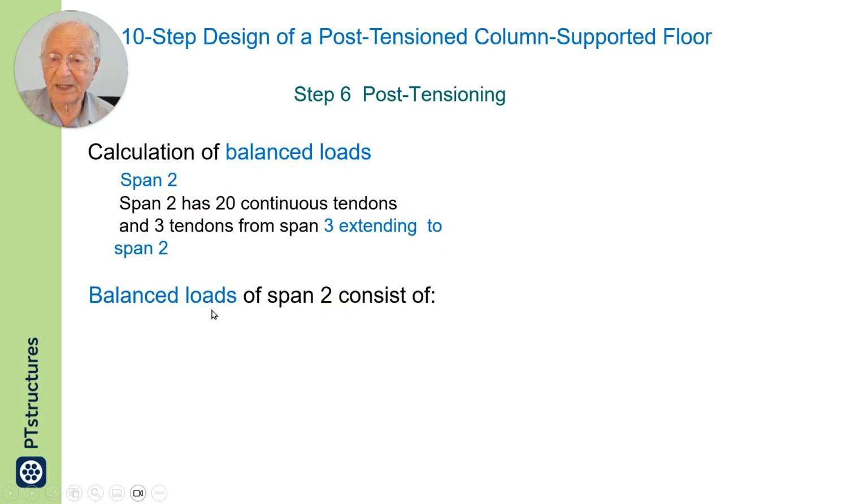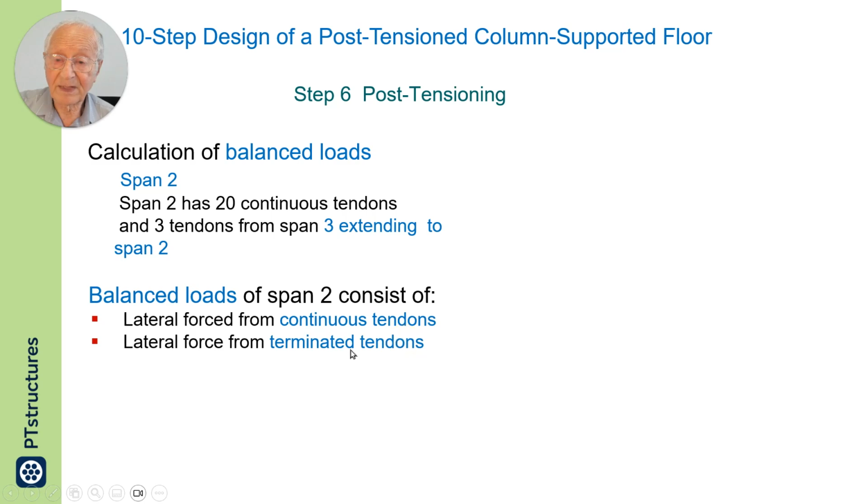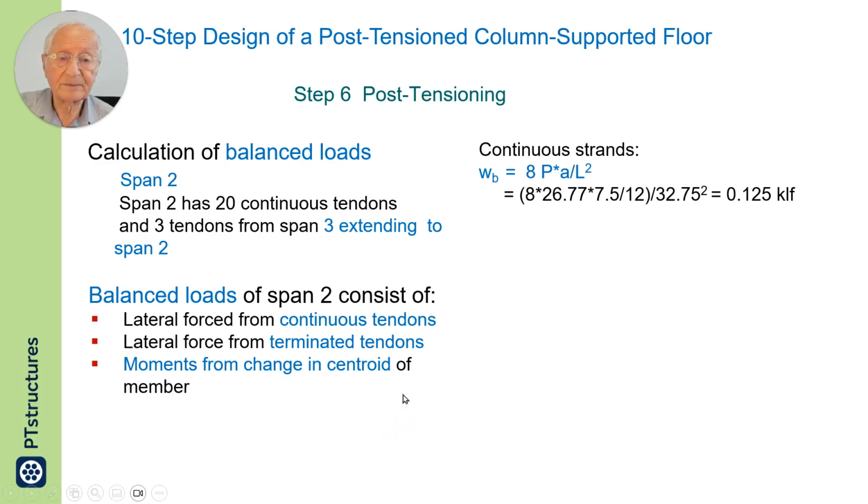So first, balance loads of span number 2, which consists of lateral force from continuous tendons, lateral force from terminated tendons, and moments from change in centroidal axis, because I think we have a drop panel or column drop. We will look at it shortly.